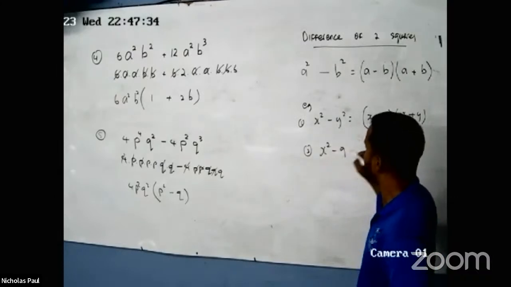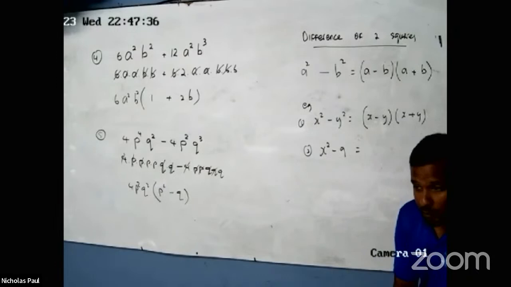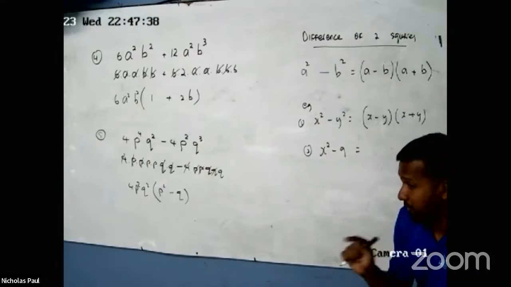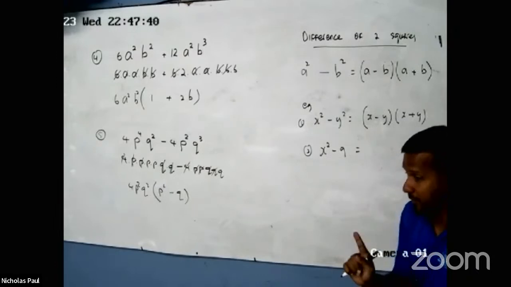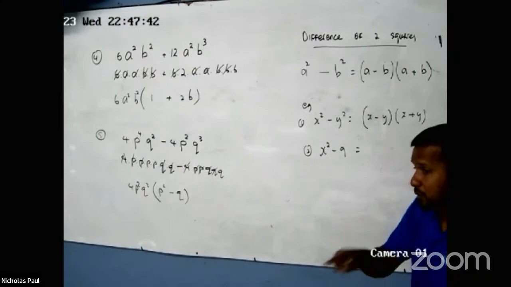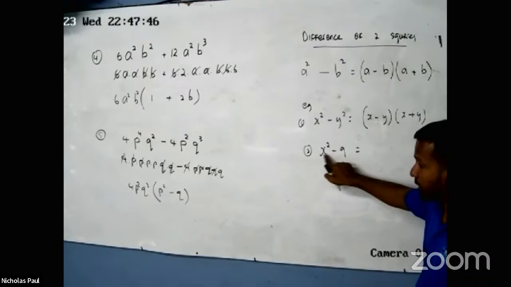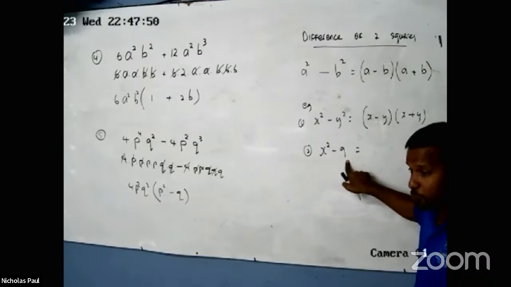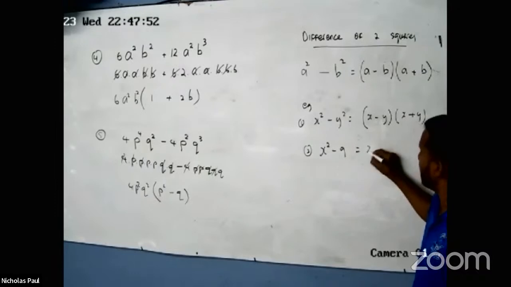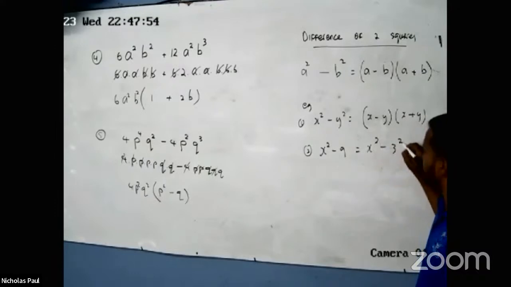X squared minus 9. Is that a difference of 2 squares? So what do I write here instead? It has to be a difference of 2 squares. So instead of writing 9, I should write 3 squared. So it will be x squared minus 3 squared.